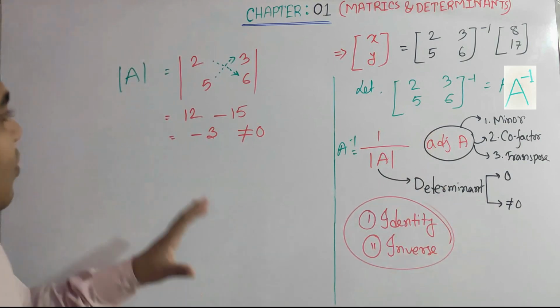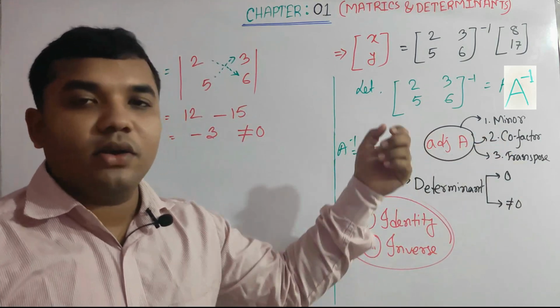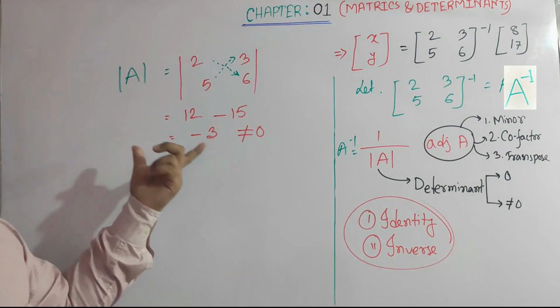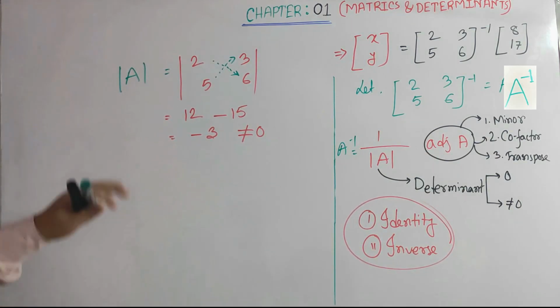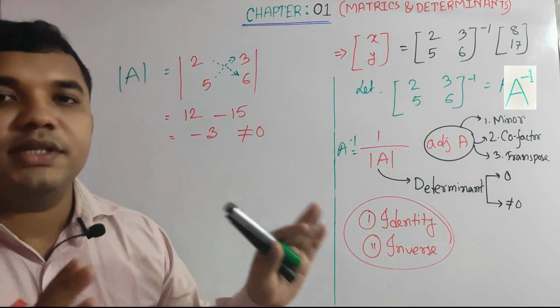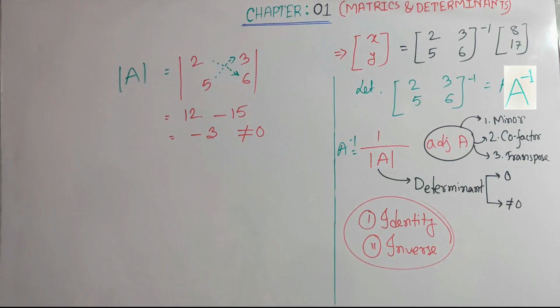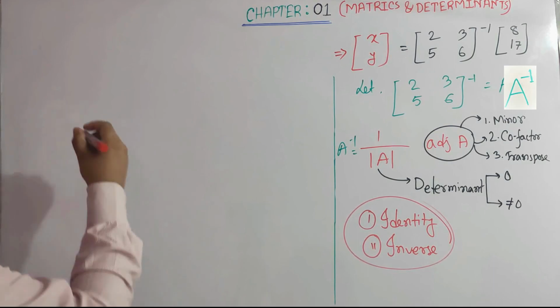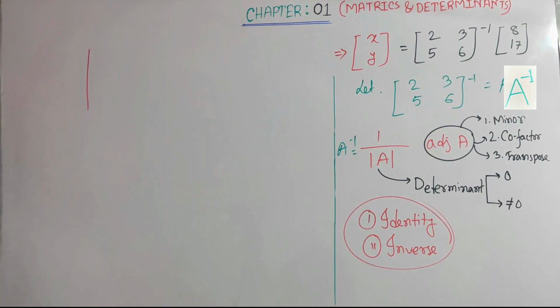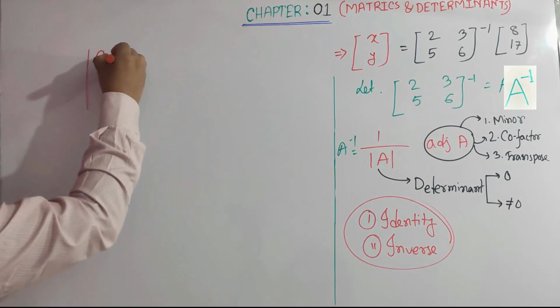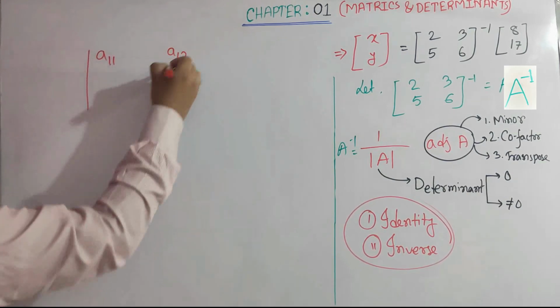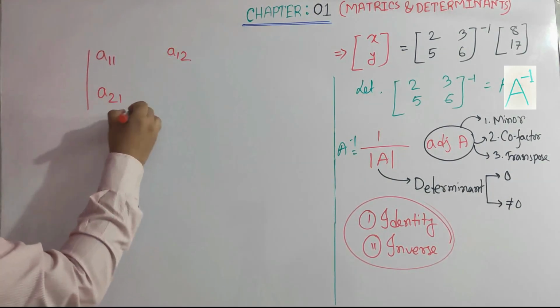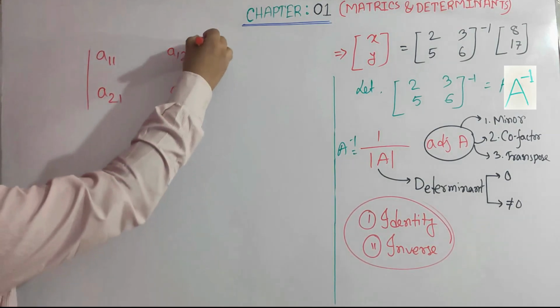We are talking about what the minor and cofactor of this matrix or determinant are. Okay, what will be the minor? This is our present discussion. Okay, dear students, to understand the minor, we can assume that the determinant looks like A11, A12, A21, A22.